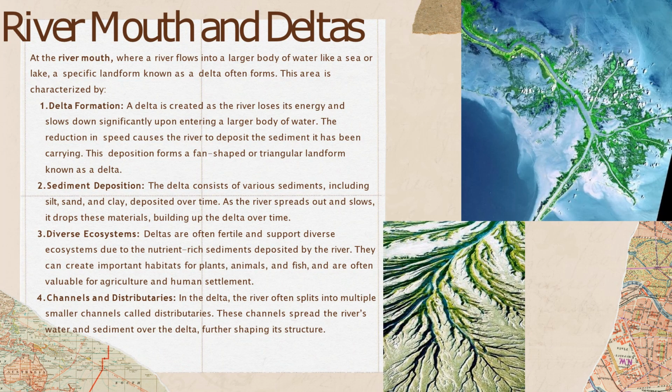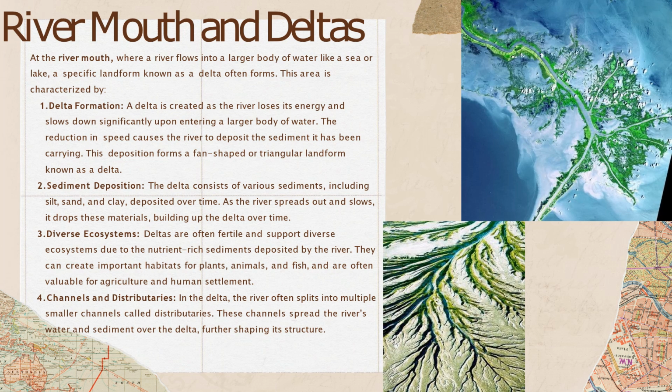Now, when a river reaches its mouth and flows into a large body of water such as a sea or lake, it forms a delta. This delta is characterized by a fan-shaped or triangular formation of sediment deposited by the river. Right?